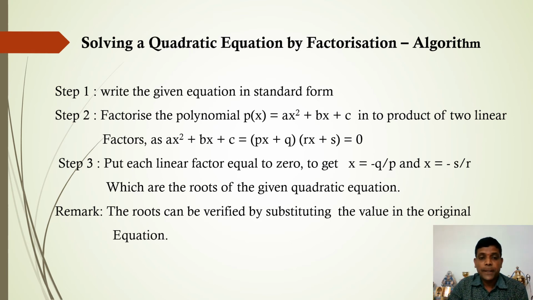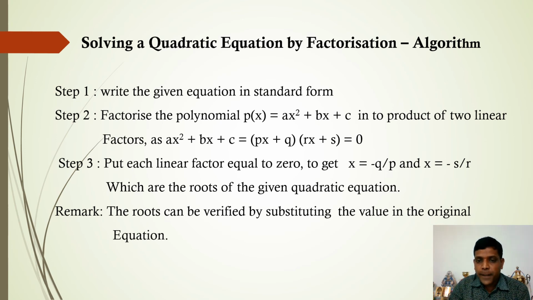Now step 3: put each linear factor equal to 0 to get x equals minus q by p and x equals minus s by r. Px plus q equal to 0, then px equals minus q, x equals minus q by p.